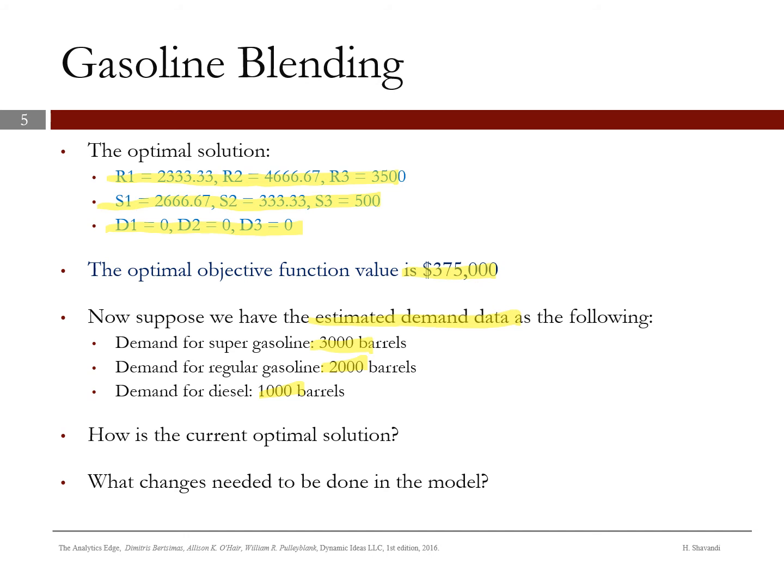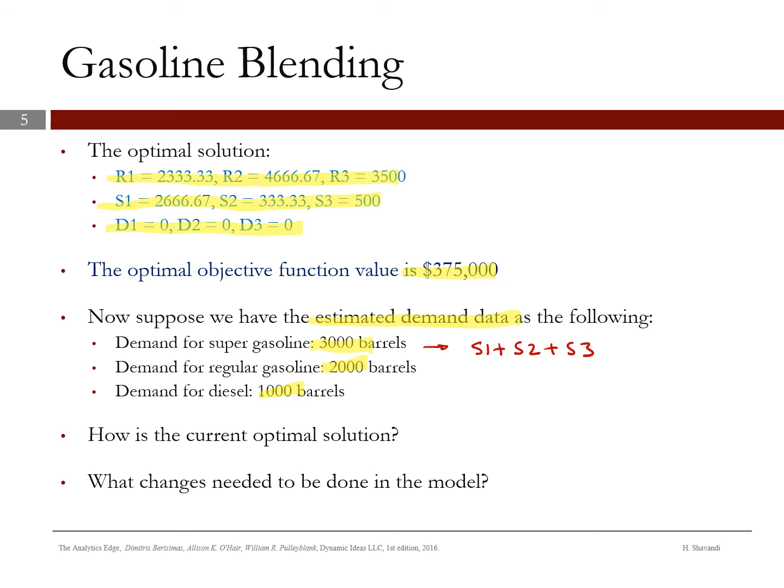So now we want to add these constraints in our linear programming model and resolve it again to find the new optimal solution. Here we need to add 3 more constraints. For example, for super gasoline, we would have S1 plus S2 plus S3.